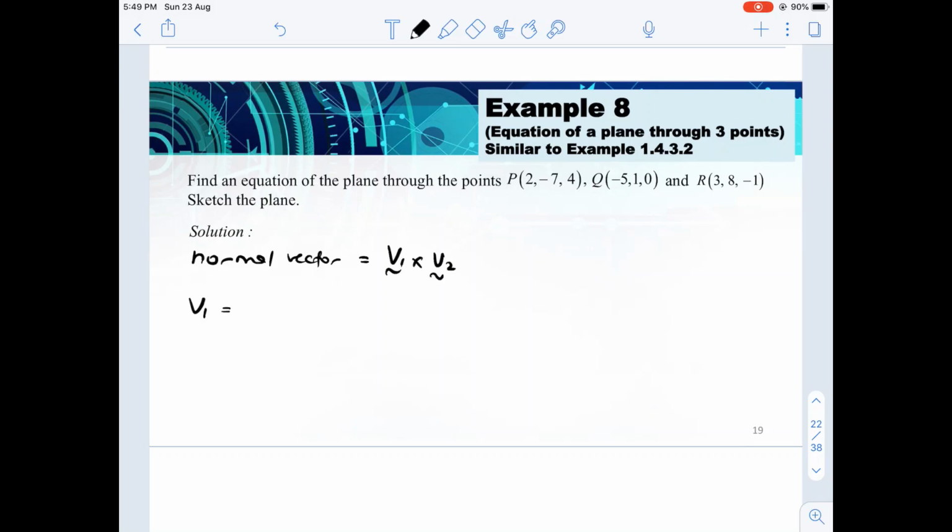V1 is a parallel vector from P to Q. So as usual, the vector of Q minus the vector of P. Then we have -5, 1, 0 minus 2, -7, 4. So we will have -5 minus 2, we get -7. 1 minus -7 should be 8. 0 minus 4, -4.